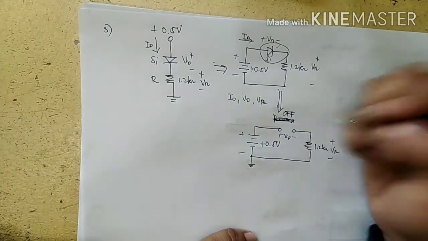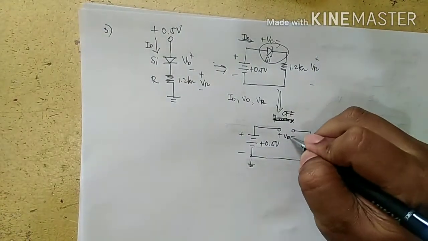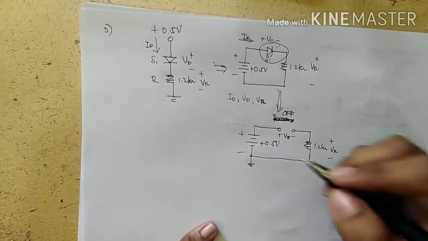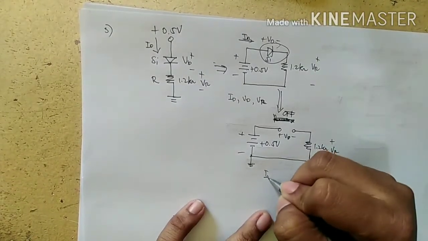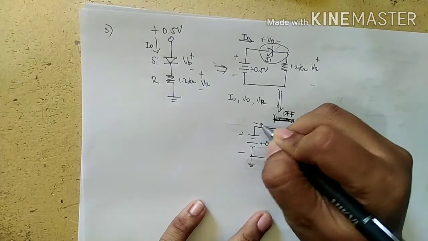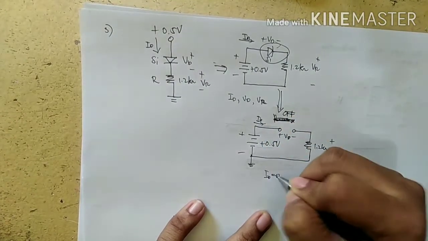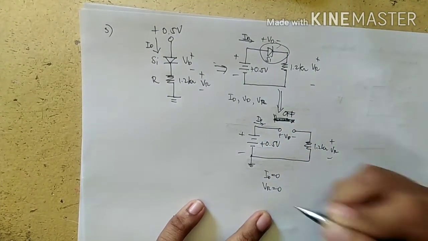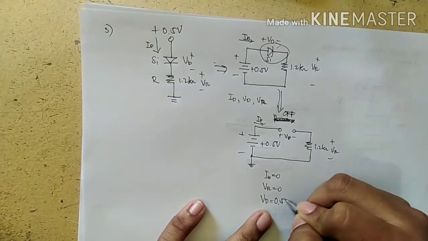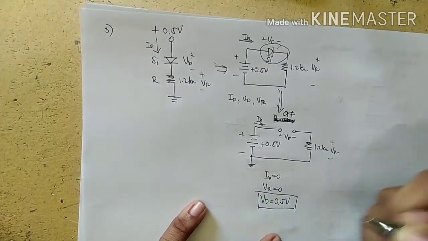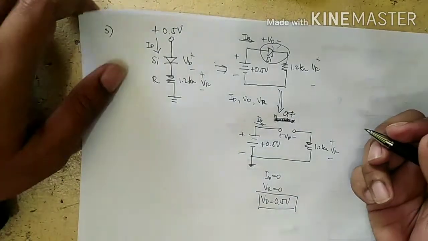If it were germanium, it would still turn on. But since this is silicon, it is off. So what is now ID? ID is equal to 0, VR is equal to 0, and VD is equal to 0.5 volts. Simple.